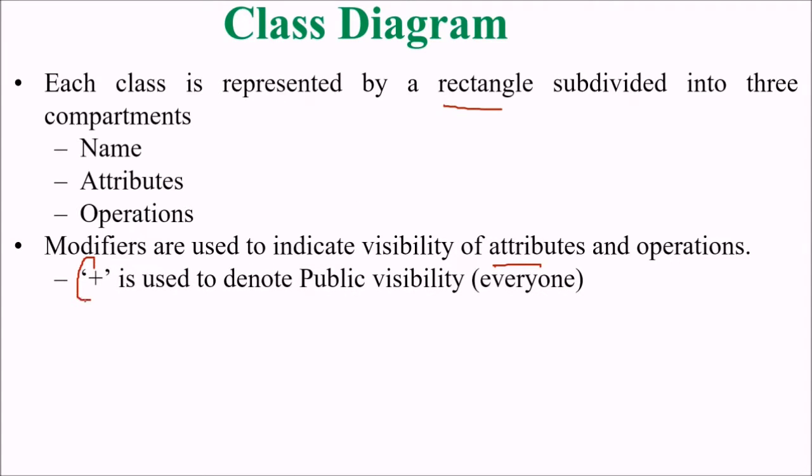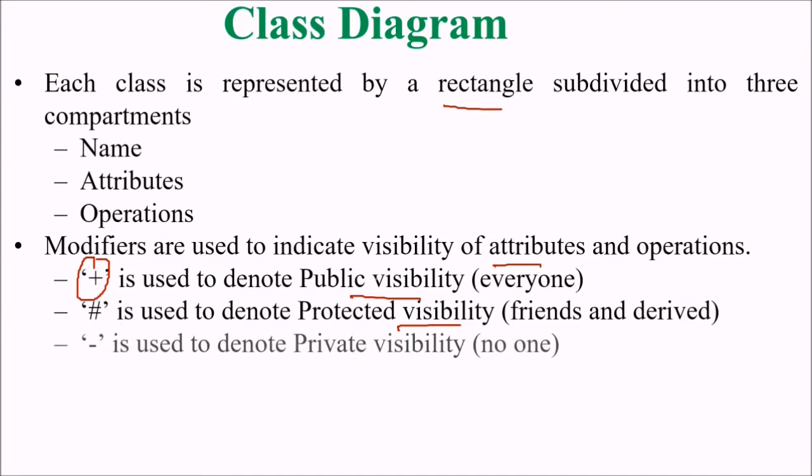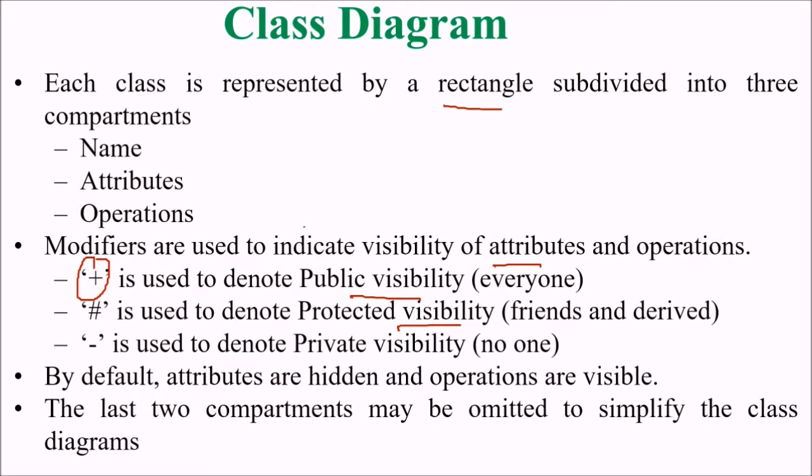Plus denotes public visibility to everyone. Hash denotes protected visibility, like friends and derived classes. Minus means private visibility; no one can access it. By default, attributes are hidden and operations are visible. The last two compartments may be omitted to simplify the class diagram.